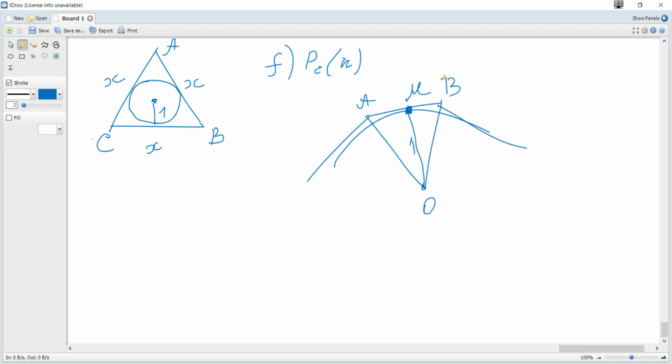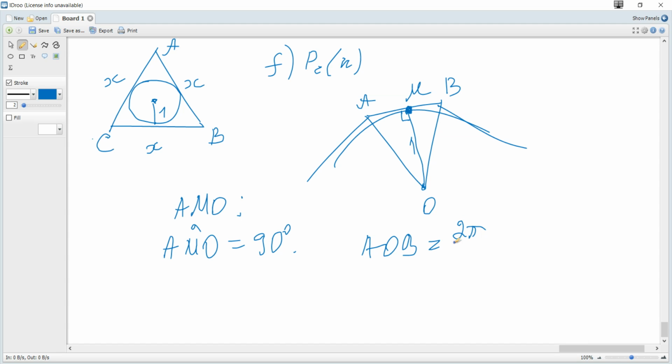Let it be M. And if we consider triangle AMO, it's a right angle triangle because the radius is perpendicular to the tangent, and since the circle is inscribed or the polygon is circumscribed, the circle touches a side at point M, and AB is a tangent to the circle at point M. So angle AMO is 90 degrees, and angle AOB, due to symmetry, is 2 pi divided by n.